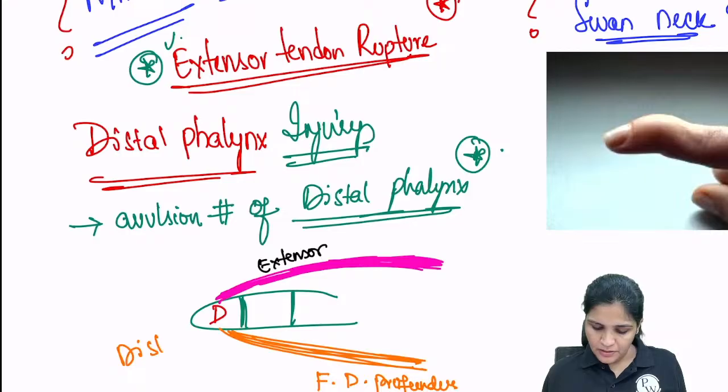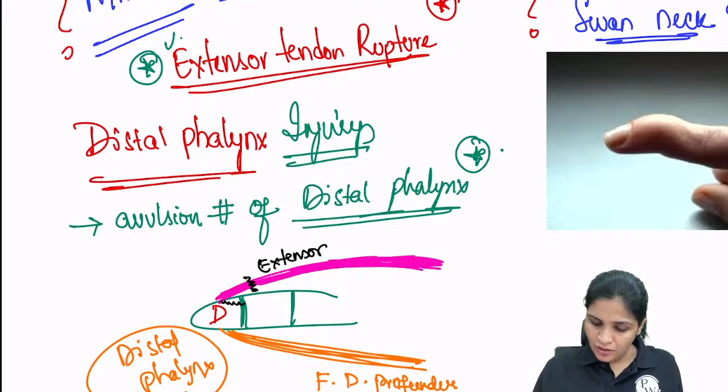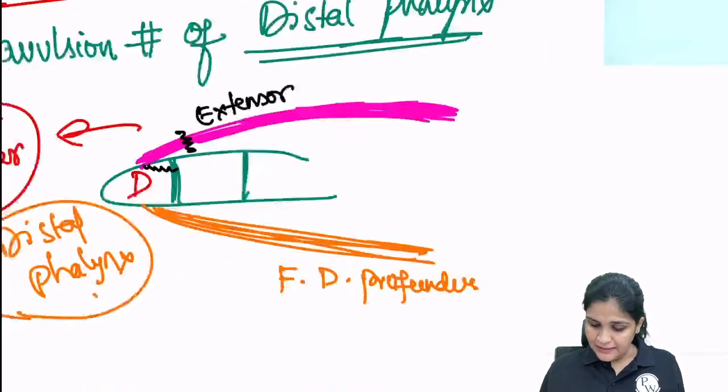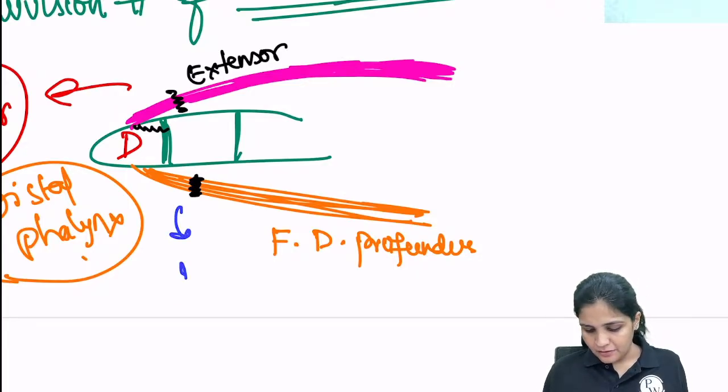I'm talking about the distal phalanx, right? Whenever there is a rupture or avulsion fracture of this extensor tendon, this will result in mallet finger. And whenever there is a rupture of the FDP, this will result in jersey finger.